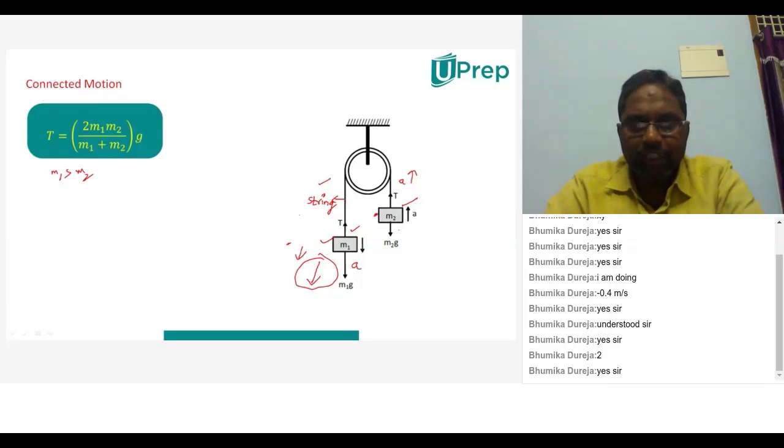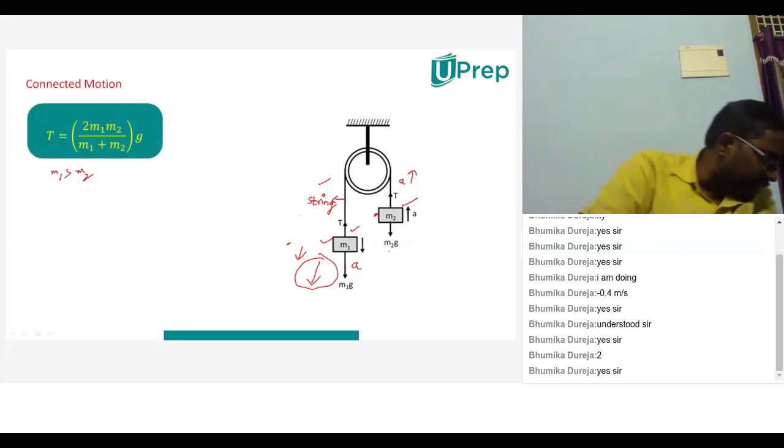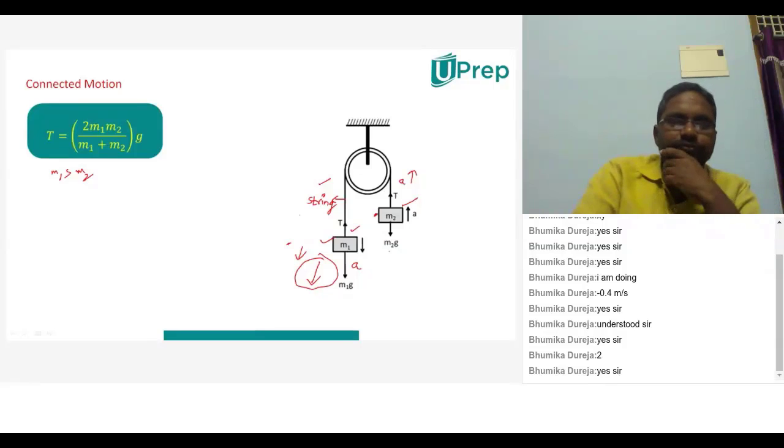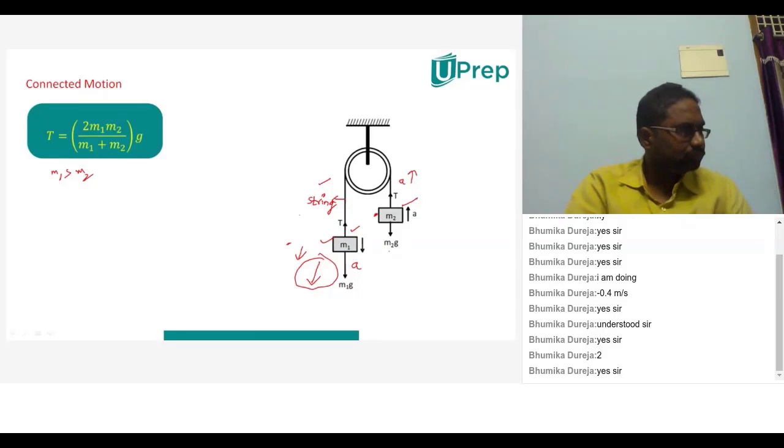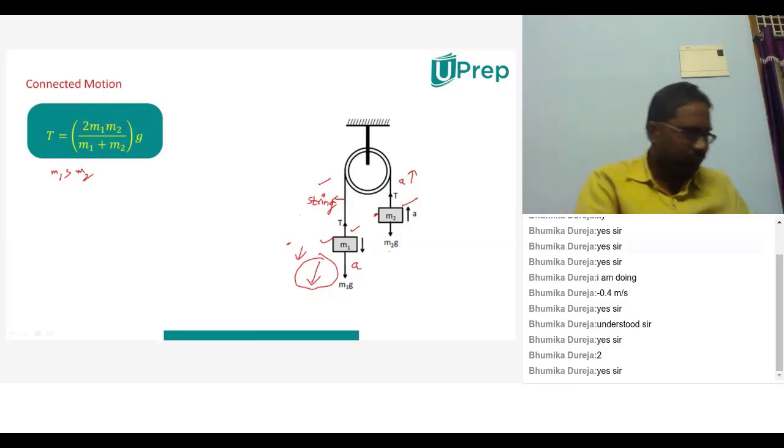And in order to say that, now tell me how many forces will act on these connected bodies. How many forces will act? Tell me, what do you mean by weight? Sir, the force with which the earth is pulling the body towards itself.